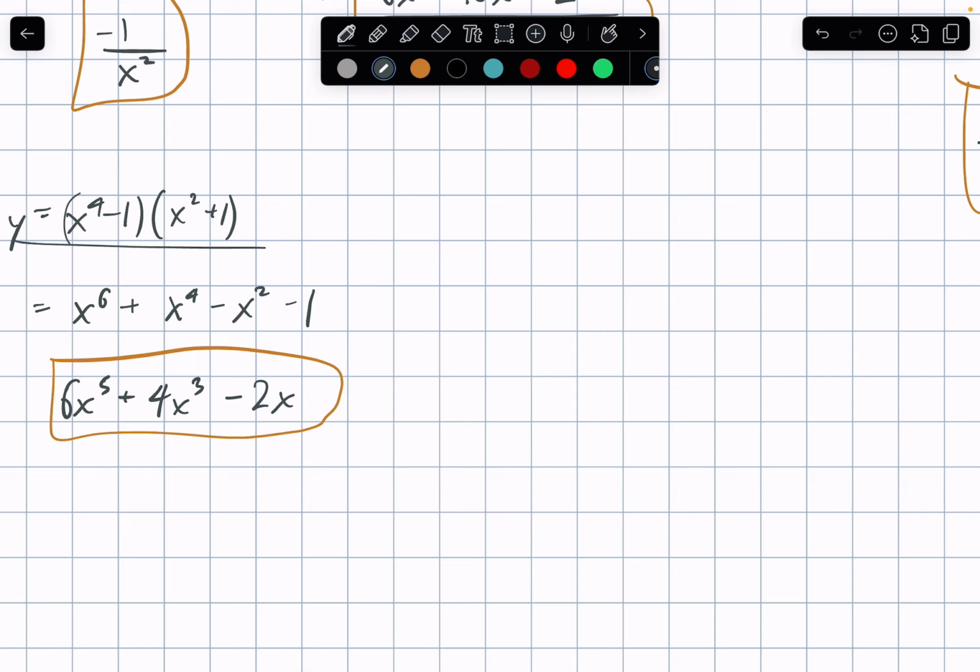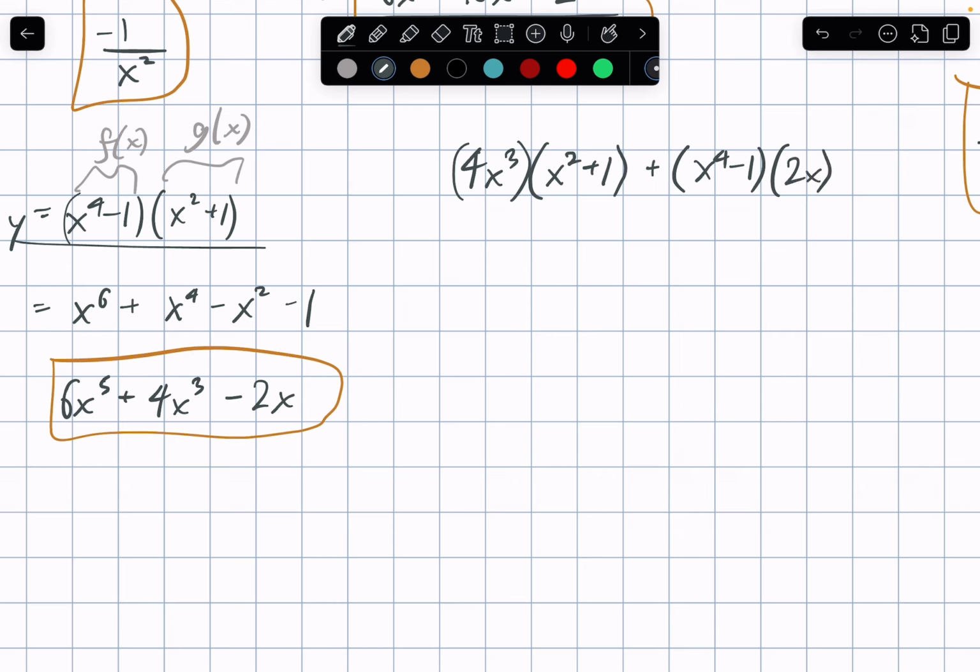So derivative, let's say we're gonna assume that this is f of x. This one is g of x. Okay, so derivative of f of x, and then just copy g of x, and then a plus, copy f of x multiplied by the derivative of g of x, which is 2x. 4x raised to 5 plus 4x cubed plus 2x raised to 5 minus 2x.